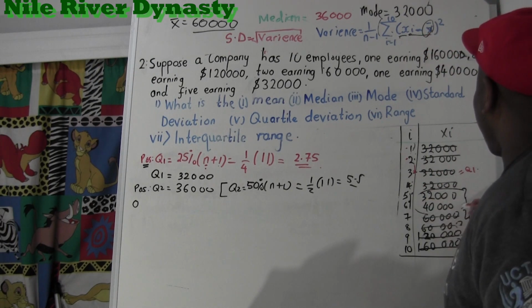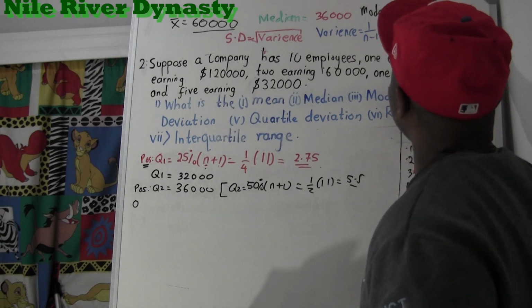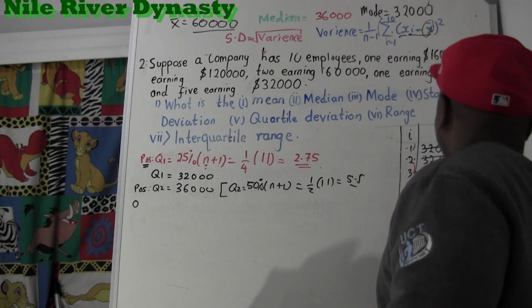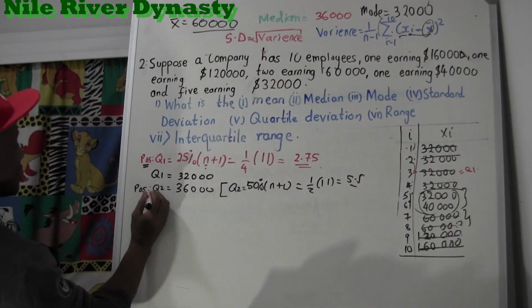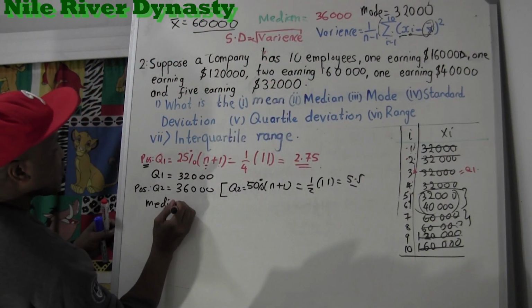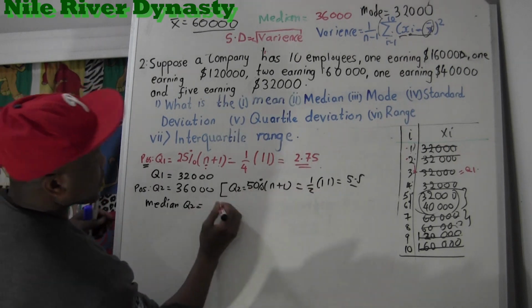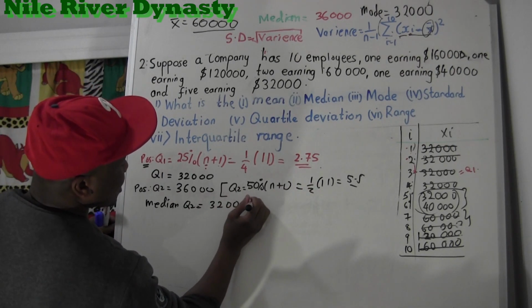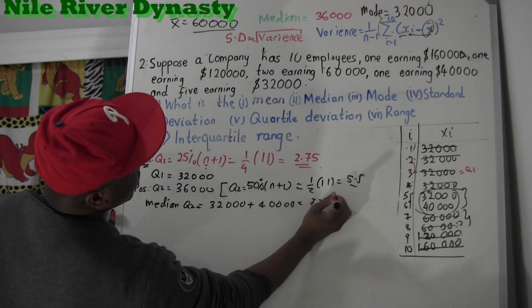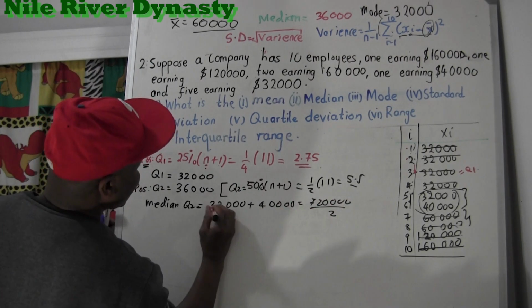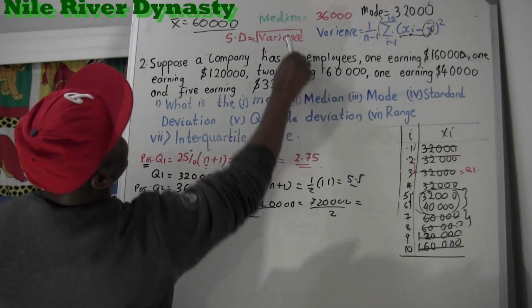That's why we add these two and divide by 2, which gives us 36. We add the middle two, 72, divided by 2, which is 36.